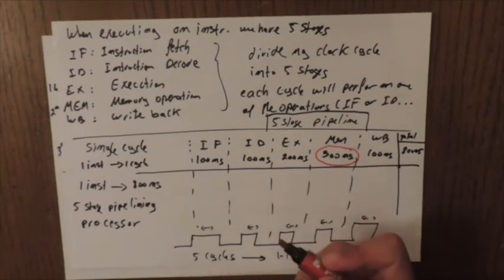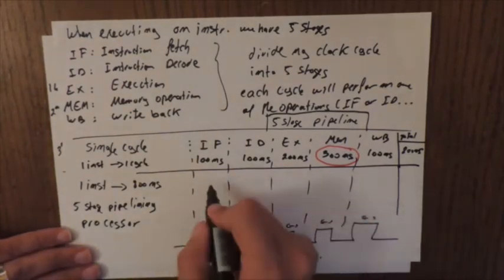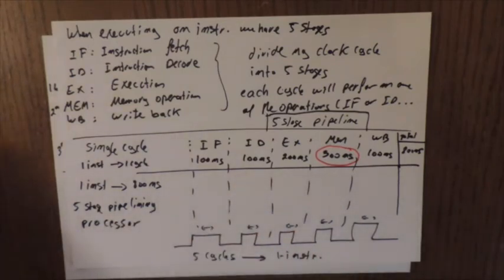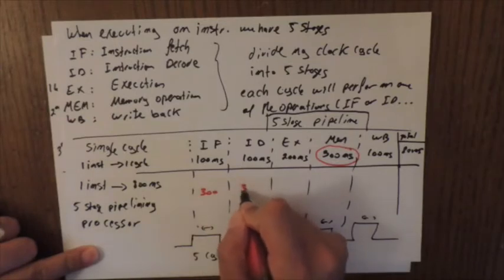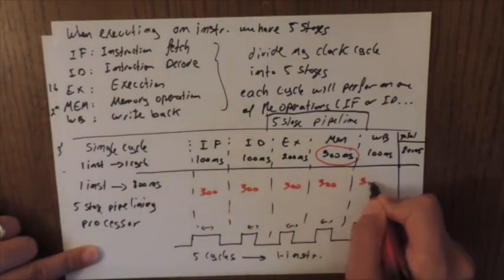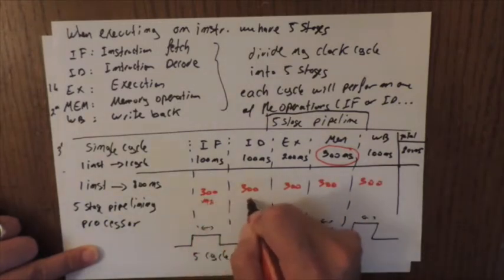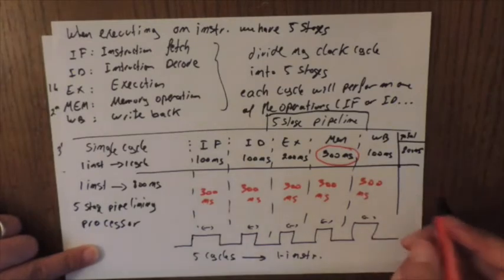So in this case, all of these stages will be the same. So this will be 300 now, 300, 300. All of them are nanoseconds, of course.